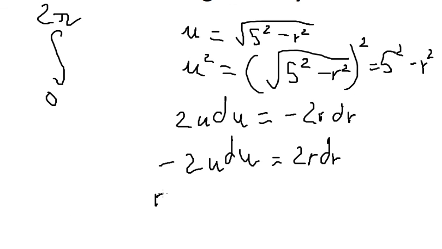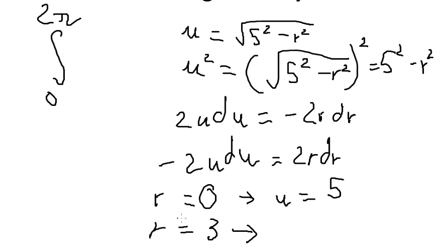When r equals 0, we put 0 in here, and we get u equals the square root of 5 squared, which is 5. When r equals 3, we put 3 in here, and we get u equals 4.